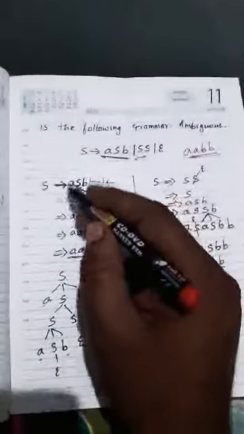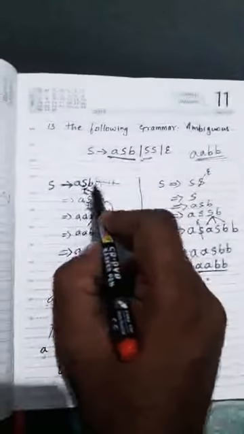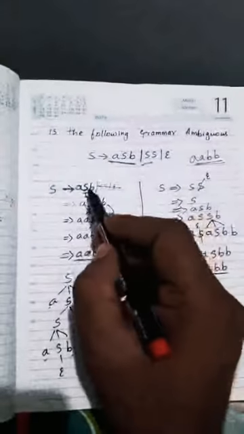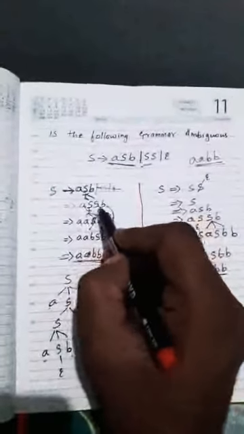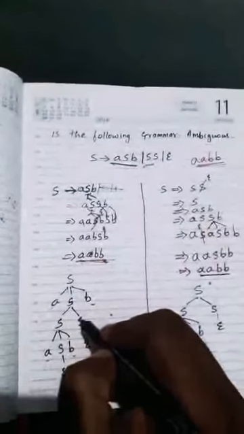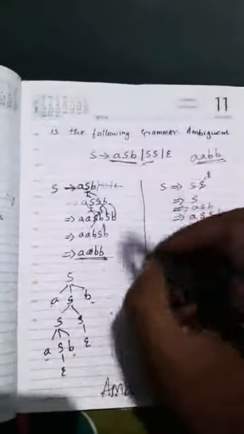If I write the derivation tree for this, first I have taken S tends to ASB, S tends to ASB. Next, this S was replaced with double S using the second production.